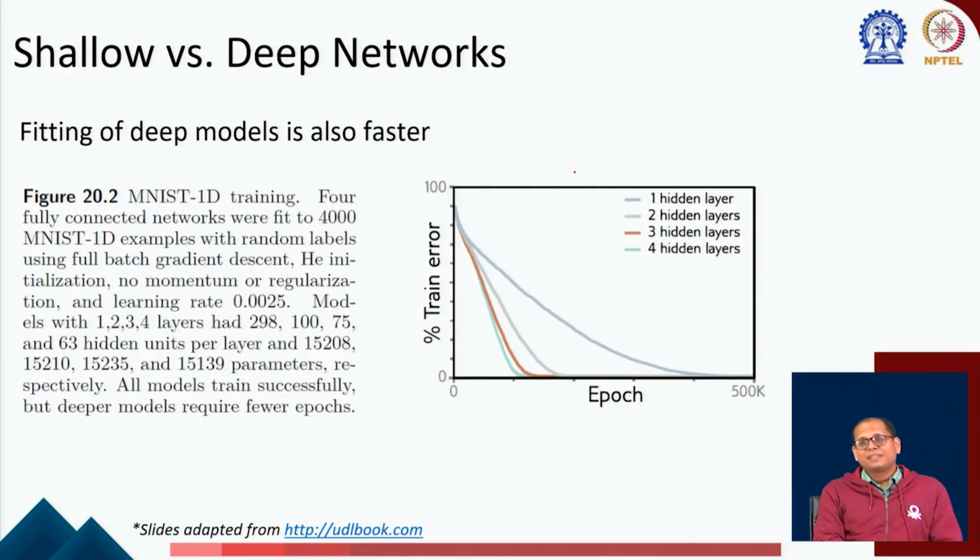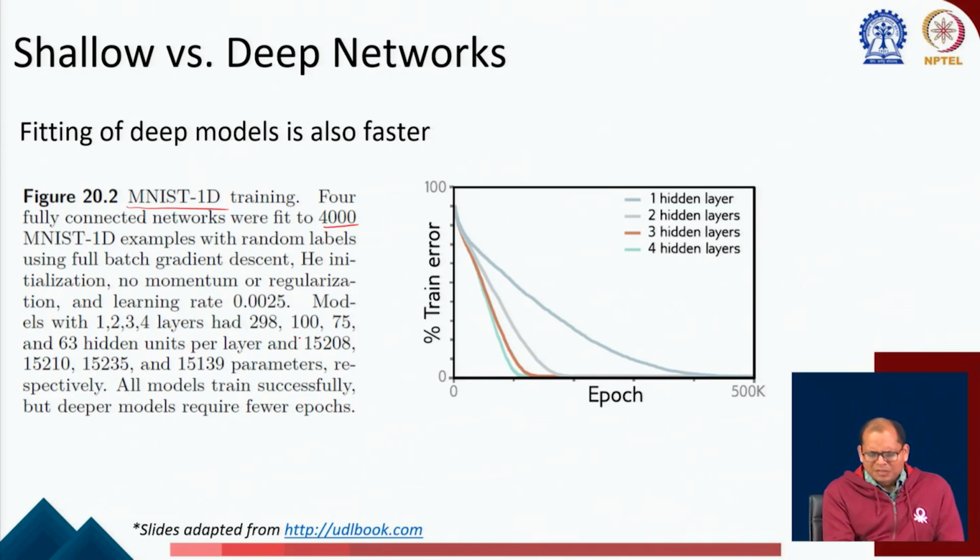Another very interesting thing that has been seen is that it is much faster to fit a deep neural network than a shallow neural network. This picture shows you 4 different training scenarios for the MNIST 1D data set. There were 4 fully connected networks, fit to 4000 examples.